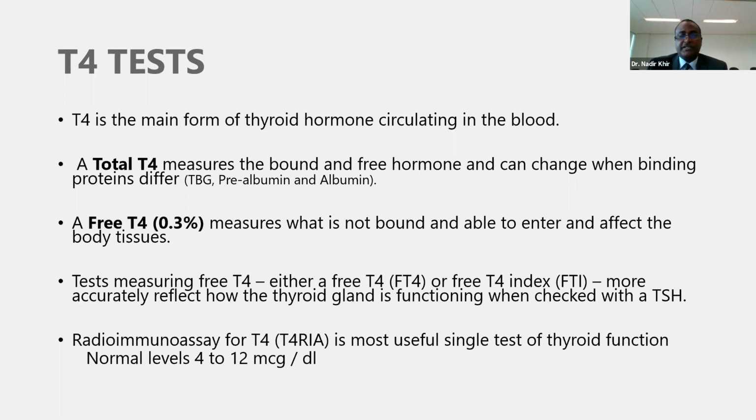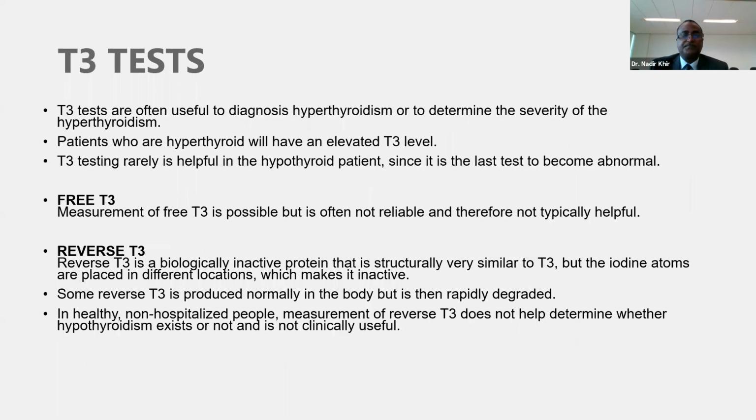The test measuring it is free T4 or the free T4 index, where they multiply by a formula, including T3. It accurately reflects how the thyroid gland is functioning when checked with the TSH. If you have two choices, the first choice is TSH, the second choice is usually free T4. There are many techniques for T4, but the radioimmunoassay for T4 is the most useful single test of the thyroid, and the normal value is usually between 4 and 12 micrograms per deciliter.